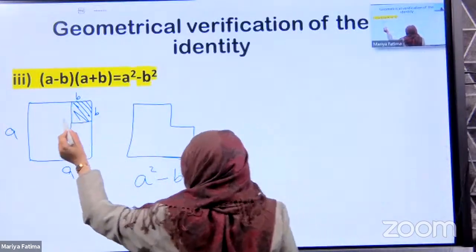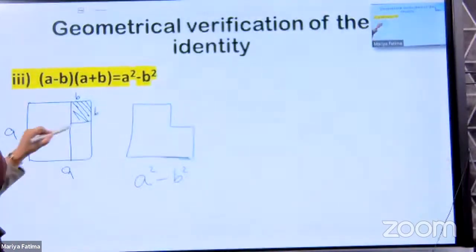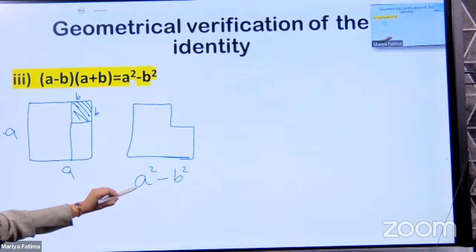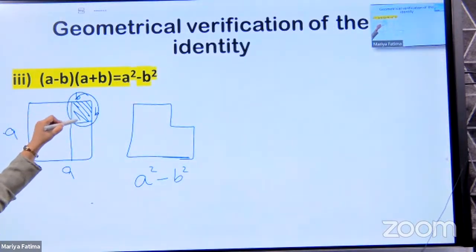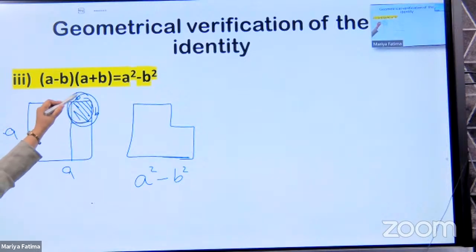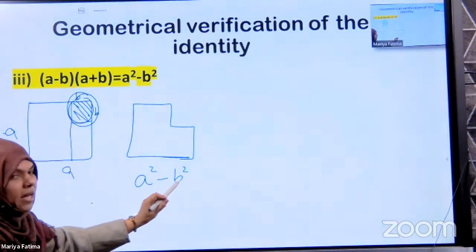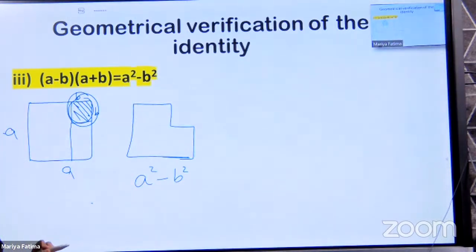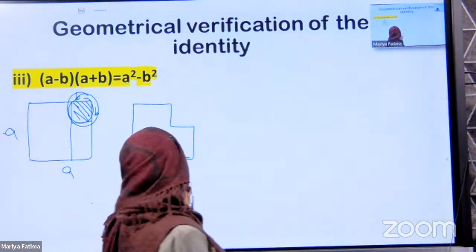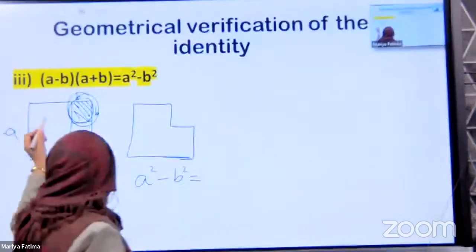How? Complete area is A into A, that is A square. From the complete figure, we are removing this part. What is the area of this part? It is B square. So that's why we are writing the area of this part is A square minus B square. Then that will be equal to how much?